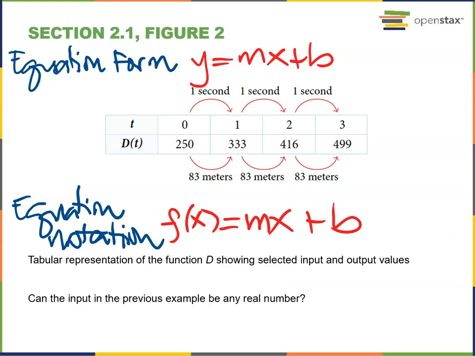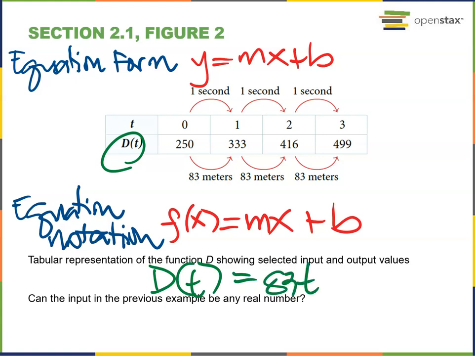In the example of the train on the previous page, we might use the notation d of t, in which the total distance is a function of the time t, and the rate m is in meters per second. We can write the equation of that as d of t is equal to 83t plus b.